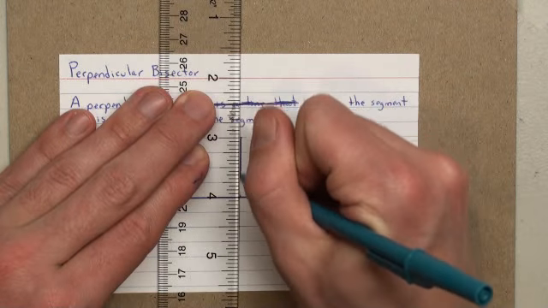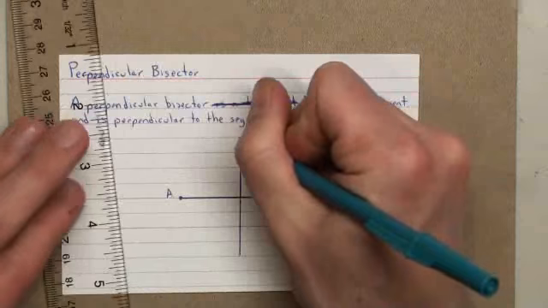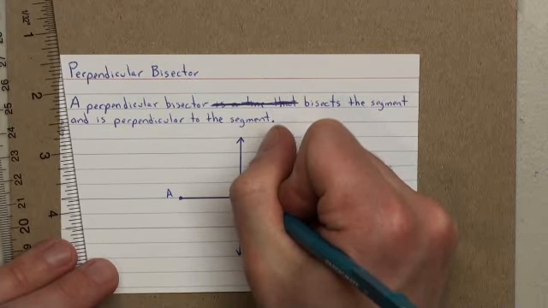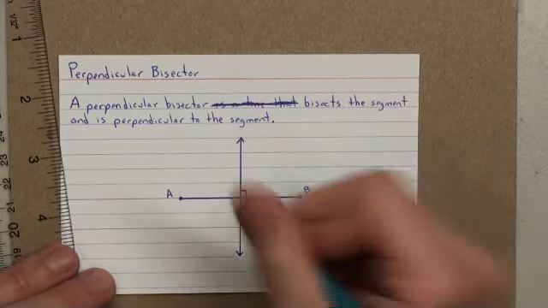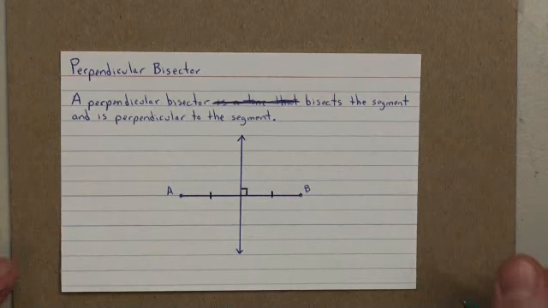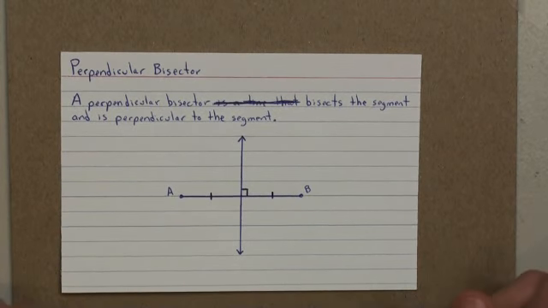So in our case, let's just make it a line. And it's going to be perpendicular to the segment. That's one of the requirements. And it cuts it in half. So this piece is going to be equal to this piece. Okay?